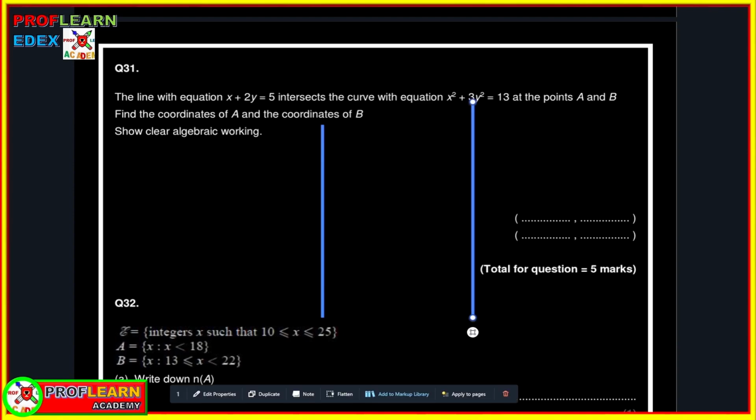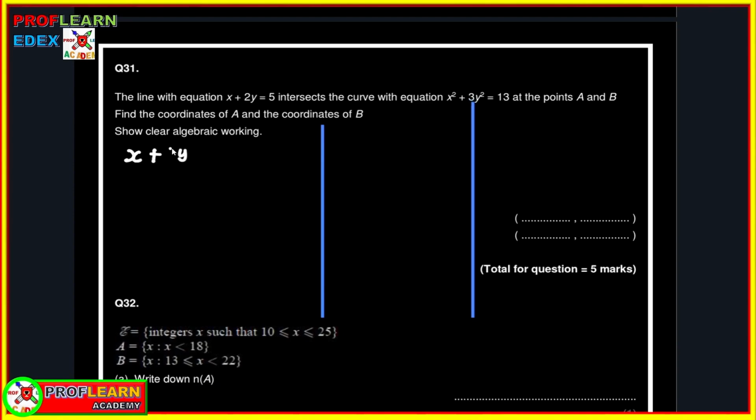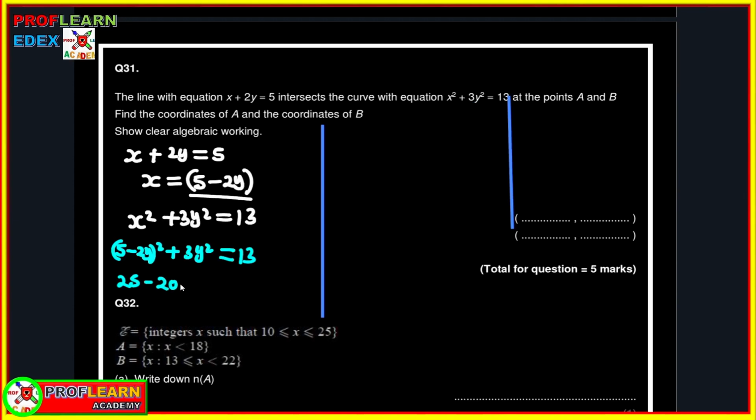If you equate them, you are going to make x the subject at this given point. You take y on the other side, and then we're going to have this one here. Then where you have x in the equation, you substitute 5 minus 2y. We are going to expand that and put the like terms together. Of course, that is going to simplify and become a quadratic equation.